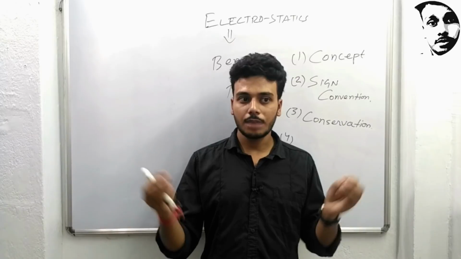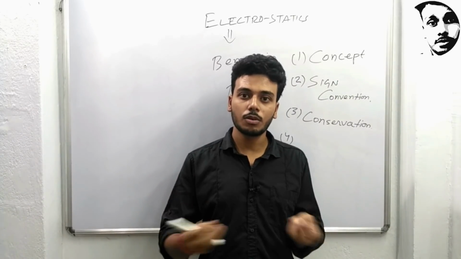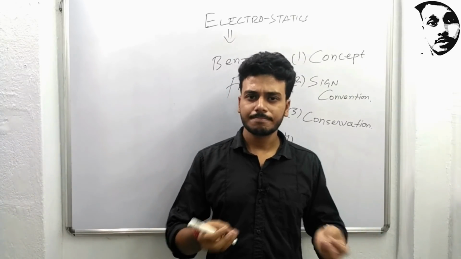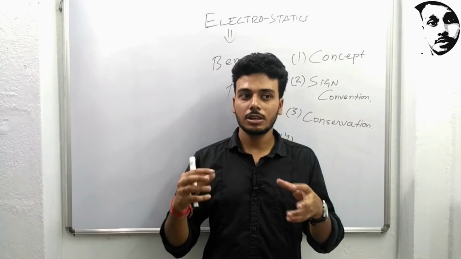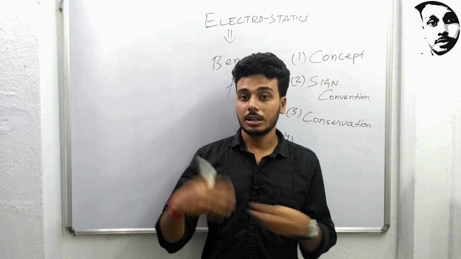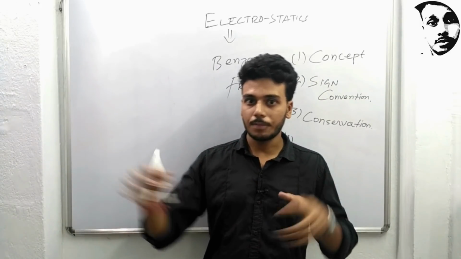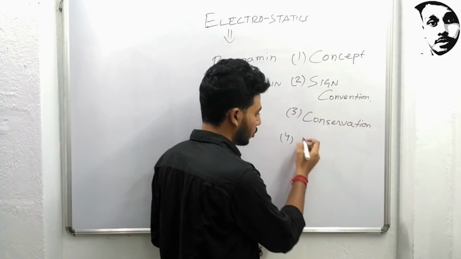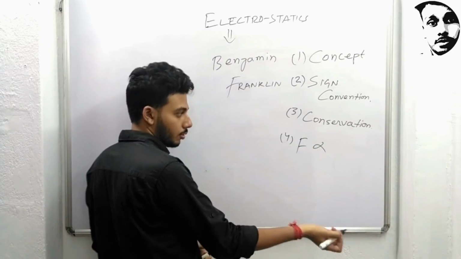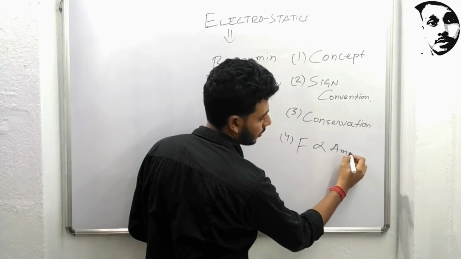If you increase the amount of fluid in a substance more and more, then it will attract other objects with a higher magnitude. That was his conclusion. The force is directly proportional to the amount of fluid.